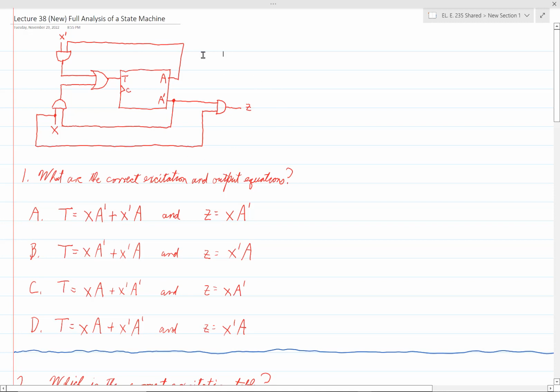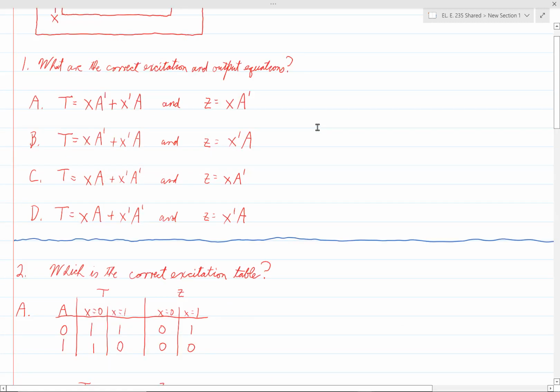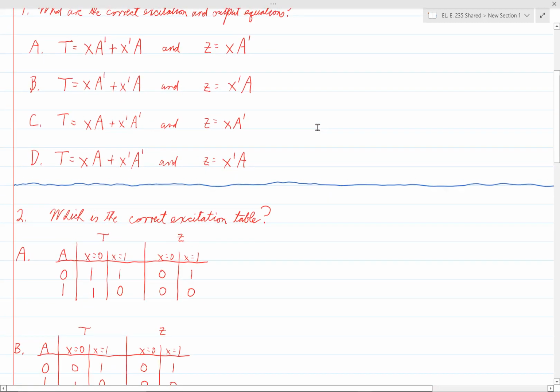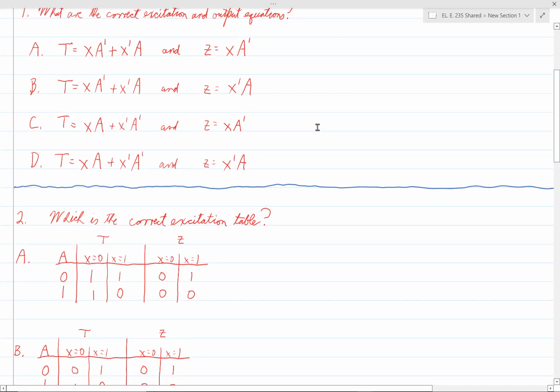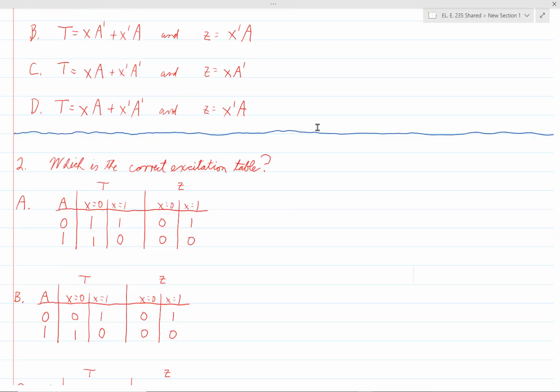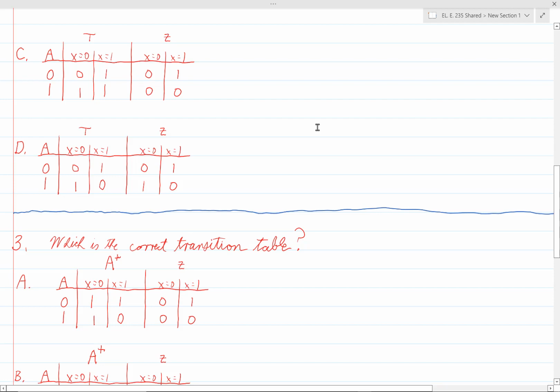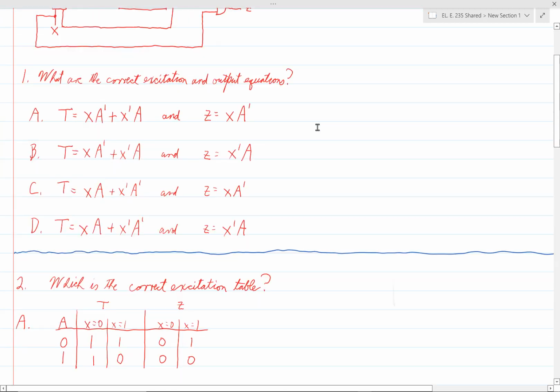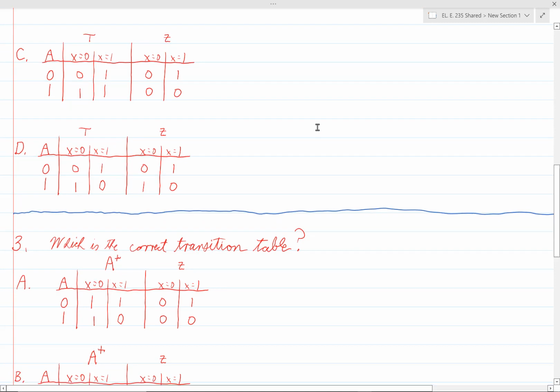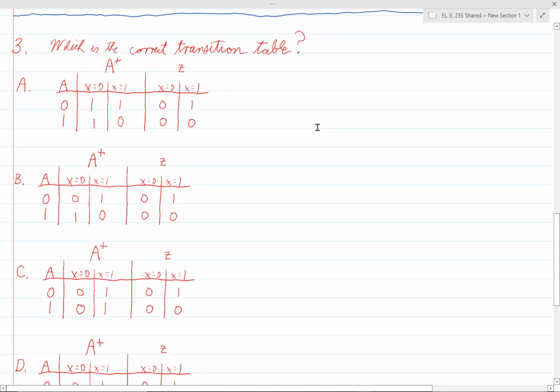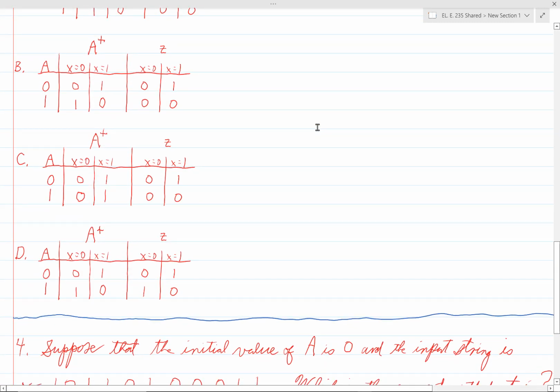For instance, I could give you a circuit like this, and I could ask you the correct excitation and output equations, or I might ask you which is the correct excitation table, in which case you would first need to find the correct excitation and output equations before you could get the correct excitation table. Or I might jump all the way and say which is the correct transition table, and then you would need to do this other stuff first in order to figure out the answer to that. But it's just like what we've been doing.